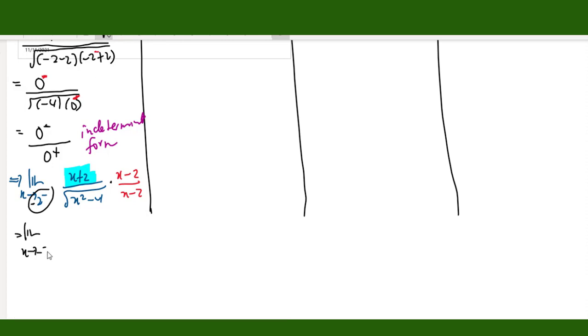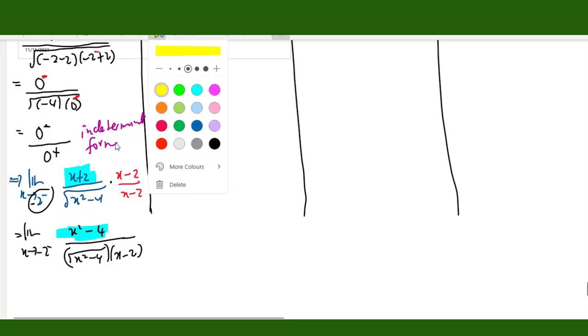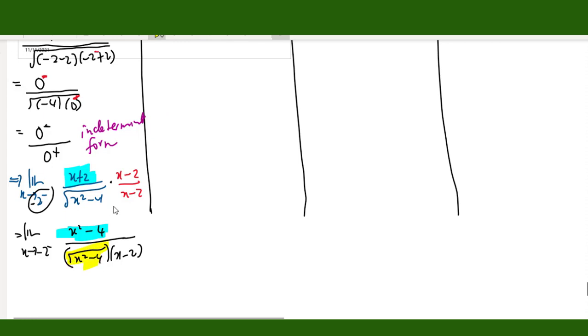Okay, simplify. Here is x squared minus 4 and x squared minus 4, times x minus 2. Okay, try to write it in this form so that we can cancel this term.